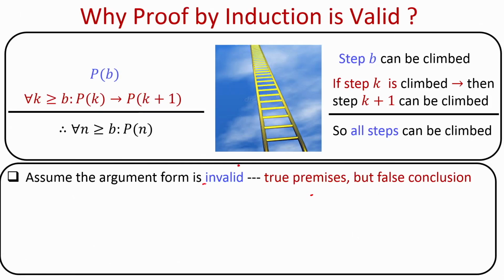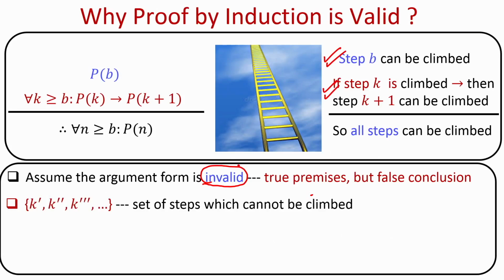From the definition of an invalid argument, this means that I have true premises, that is, the statements in the premises are true, but the conclusion is false. If that is the case, then there are definitely some steps which cannot be climbed. So, say these are the set of steps which can't be climbed.